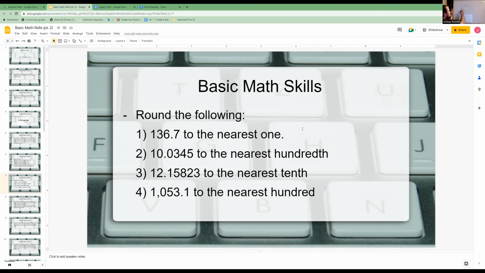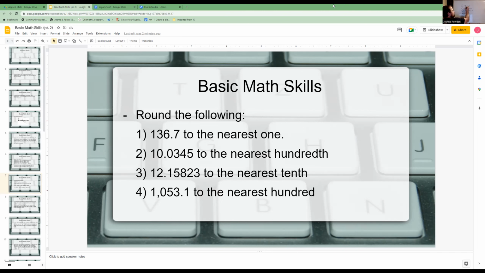All right, I'm assuming you've pressed play by now and you're ready to see how I do it. Before I unshare the screen, I'm going to write all these down. We're going to the nearest 1, so I'm going to underline the ones place.